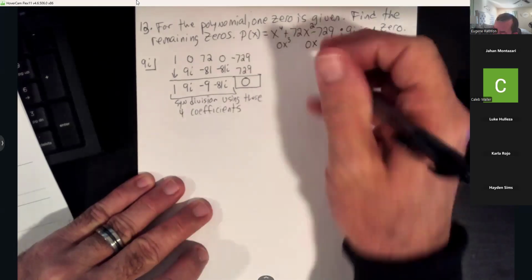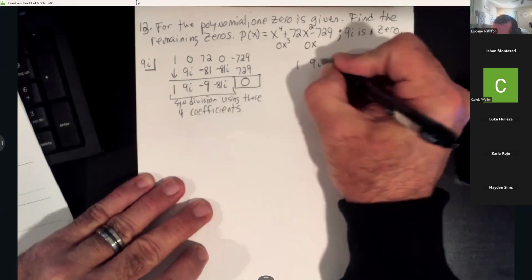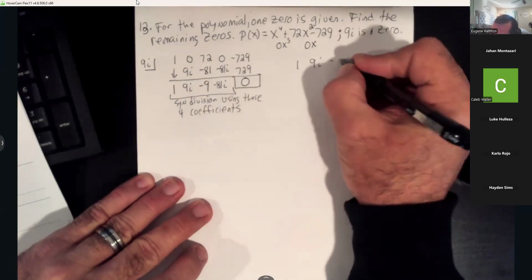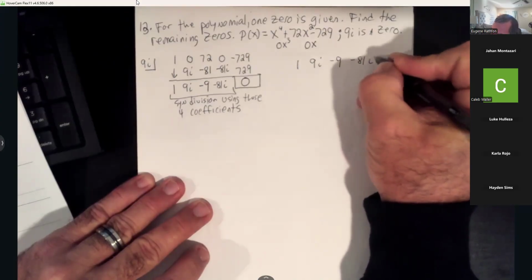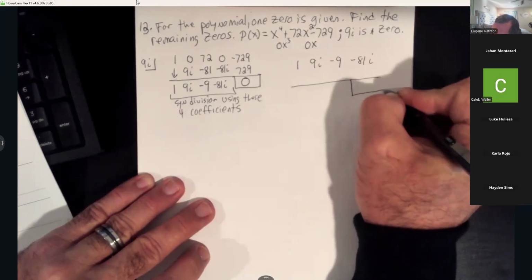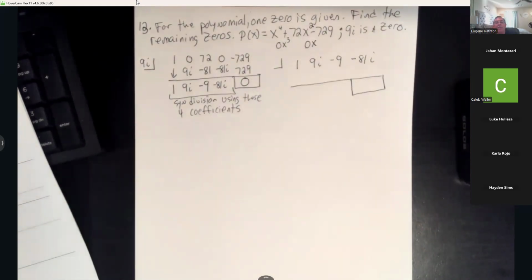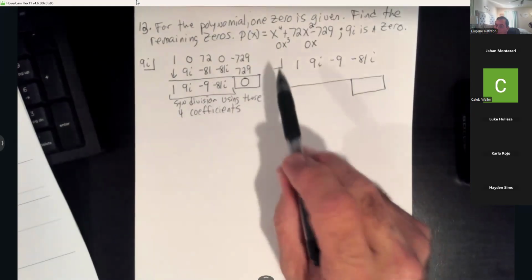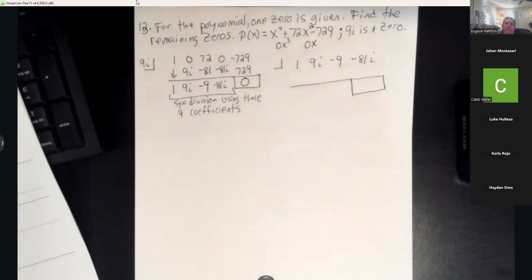Alrighty, y'all. So I had a 1, a 9i, a negative 9, and then a negative 81i. Y'all, they didn't give me but 1 zero, so tell me what is the next zero y'all would check?